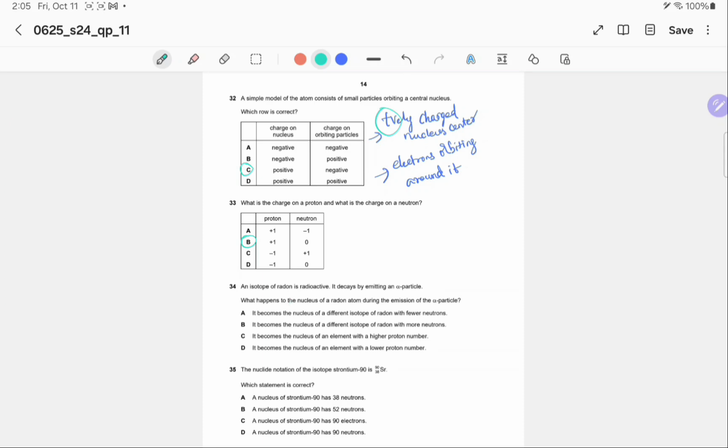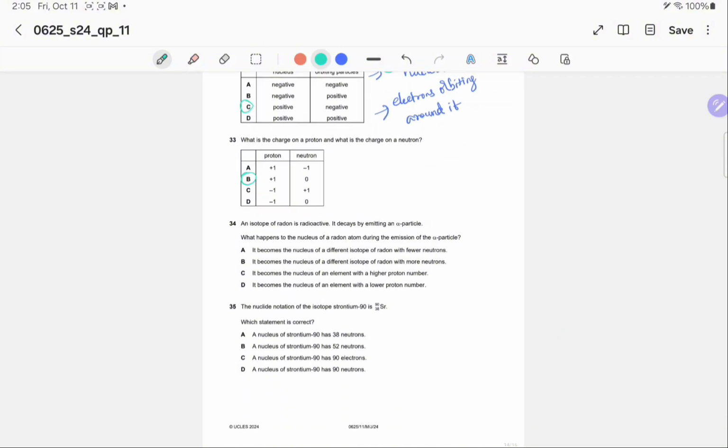Now the 34th question. An isotope of radon is radioactive. It decays by emitting an alpha particle. What happens to the nucleus of a radon atom during the emission of the alpha particle? It is clear that the radon atom loses 2 protons and 2 neutrons during emission.